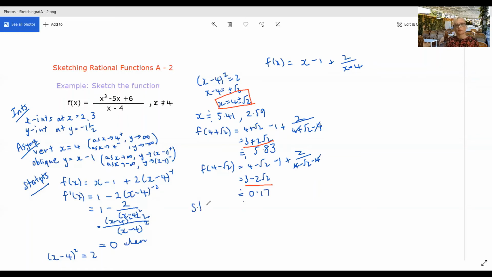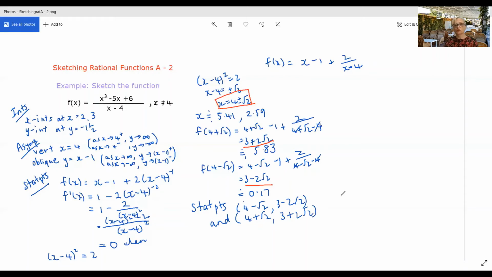So we know that we've got stationary points at 4 minus root 2, 3 minus 2 root 2, and at 4 plus root 2, 3 plus 2 root 2.